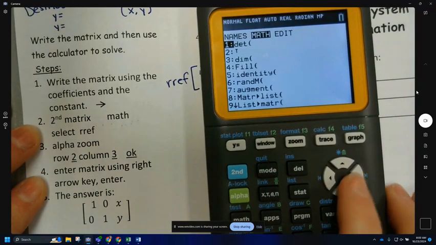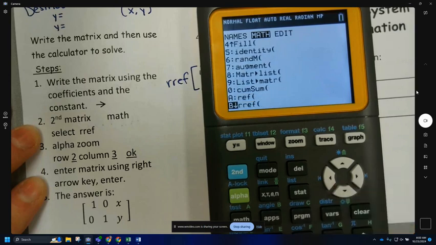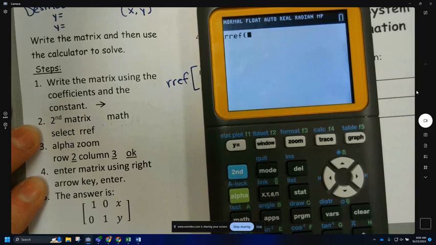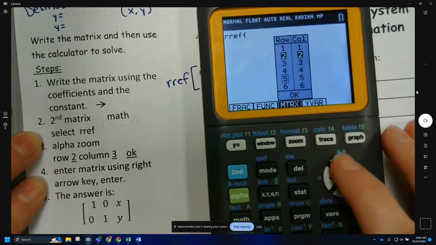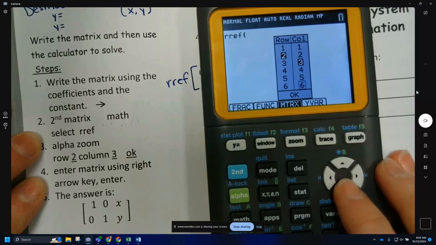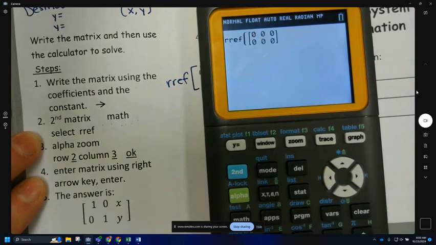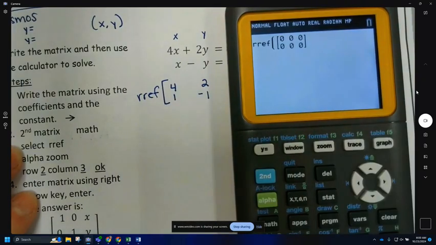Go over to math, go down to RREF, not REF. Then do alpha zoom. We want to change this to a 2 by 3 and go to OK. Now enter the matrix. So we have RREF first, then we're entering in the numbers.